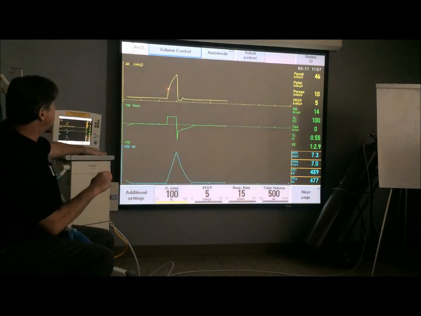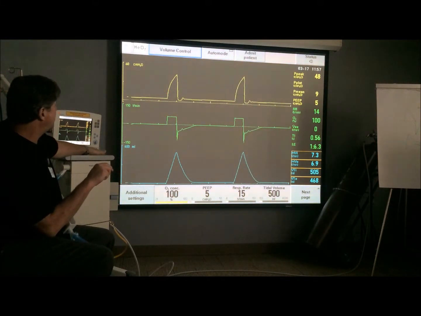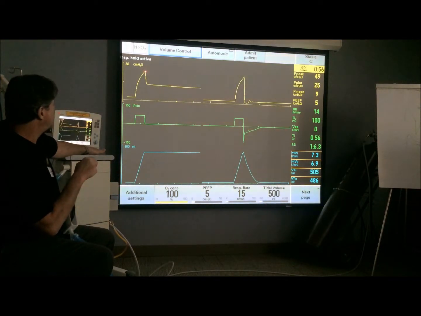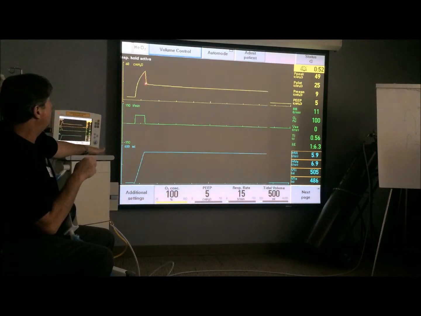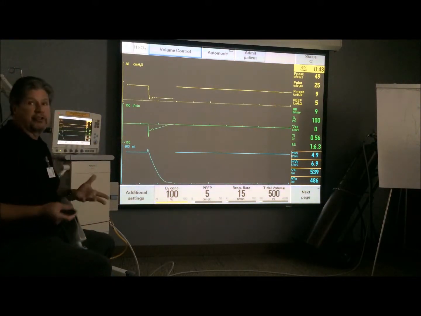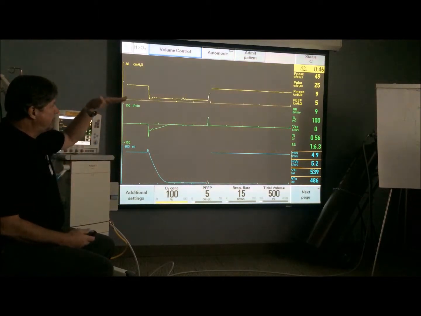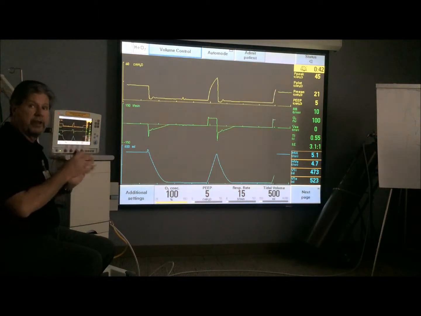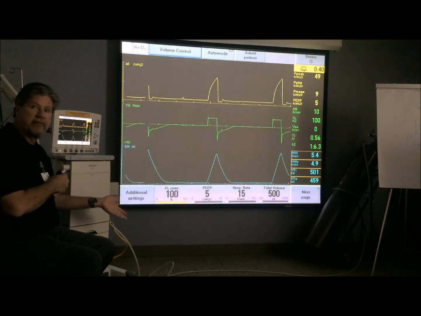I would see my peak airway pressure go up, but when I did a plateau pressure, the plateau pressure would be the same as it was, but the difference between here and here represents the amount of change that occurred as a result of the resistance of the airways. And so if we gave a treatment, then we would notice the peak airway pressures come down, but our compliance wouldn't change because the treatment helps the airways, not necessarily the alveoli.